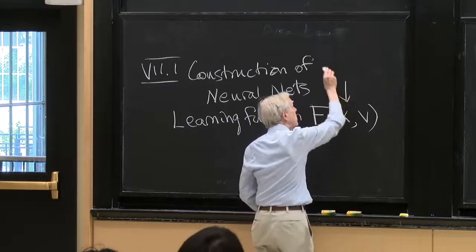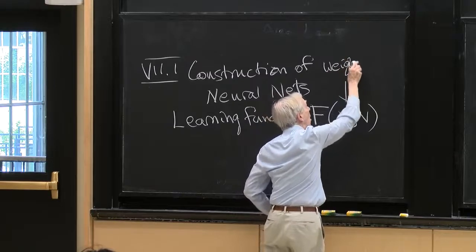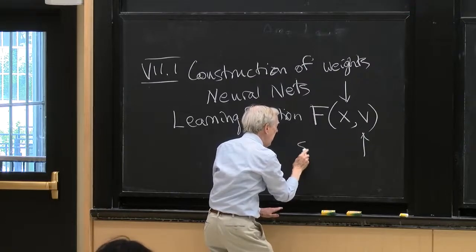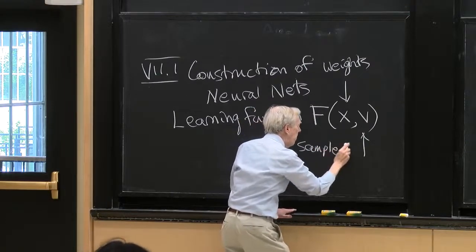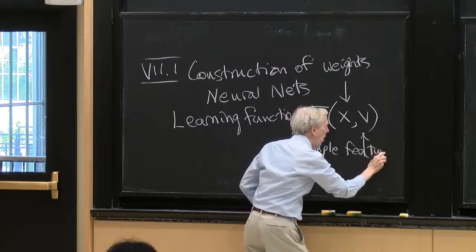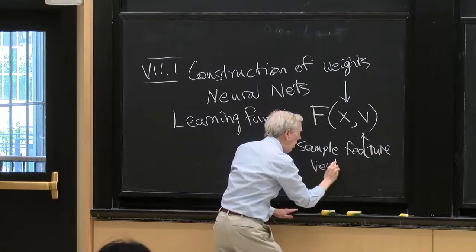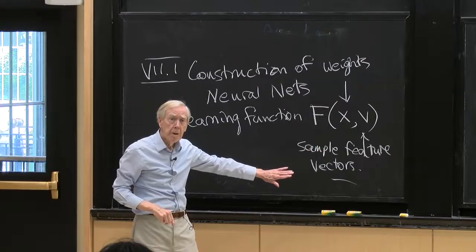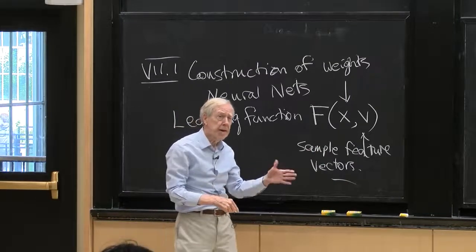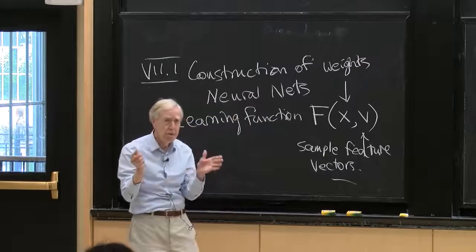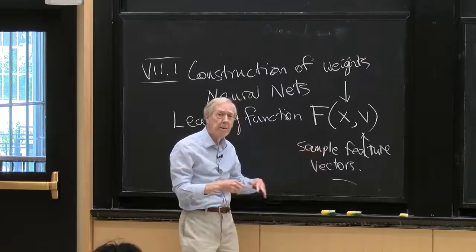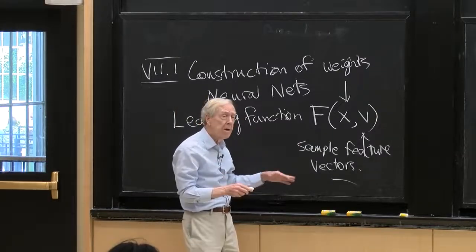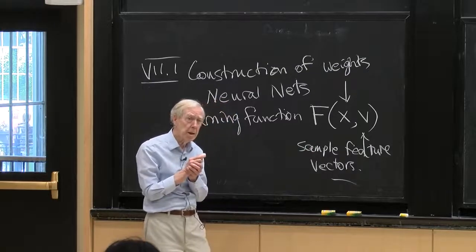So x are the weights, and v are the sample feature vectors from the training data, either one at a time if we're doing stochastic gradient descent with mini batch size 1, or b at a time if we're doing mini batch of size b, or a whole epoch at once if we're doing full-scale gradient descent.